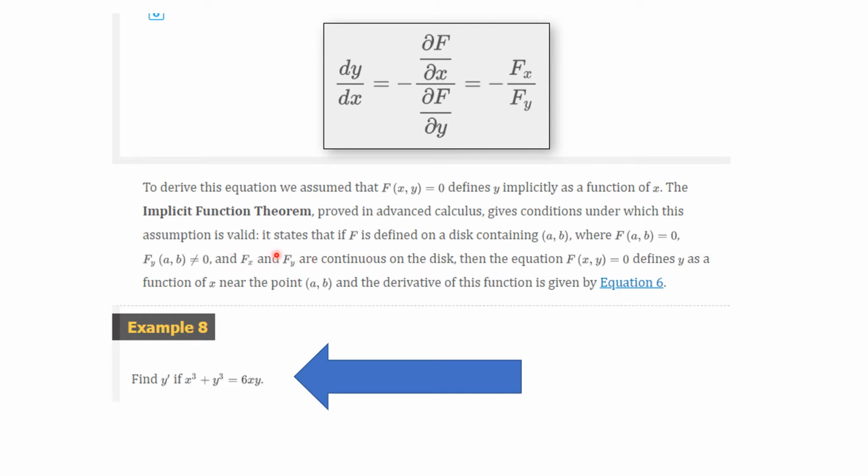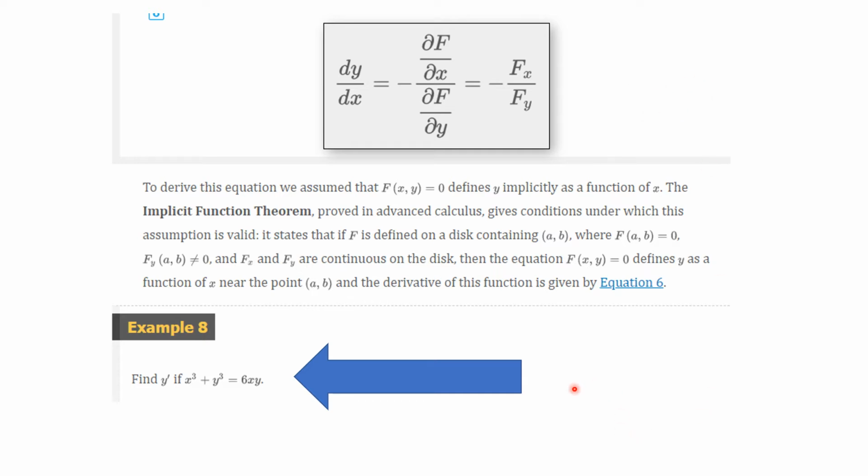The theorem states that if capital F is defined in a disk containing (a, b), is equal to 0 at the point (a, b), the partial with respect to y does not equal 0, and both F sub x and F sub y, the derivatives of capital F with respect to x and y, are continuous, then this equation defines y as a function of x near the point, and the derivative is given by the equation up here.